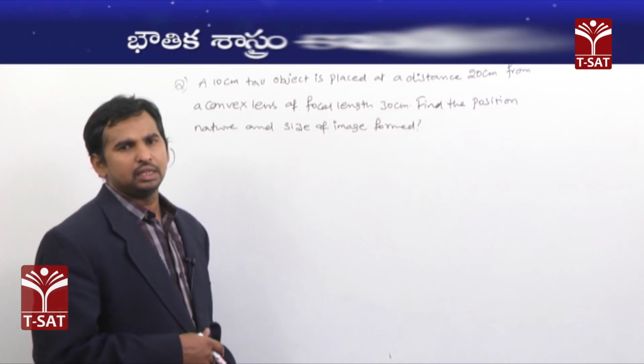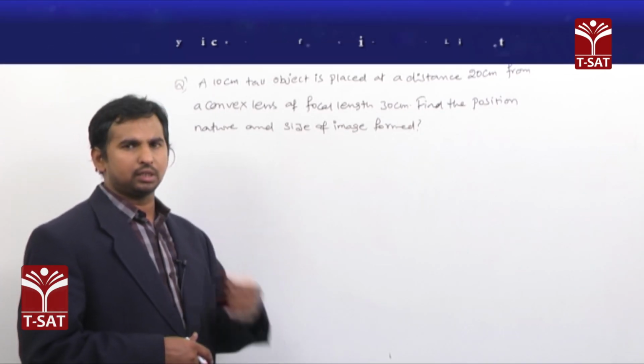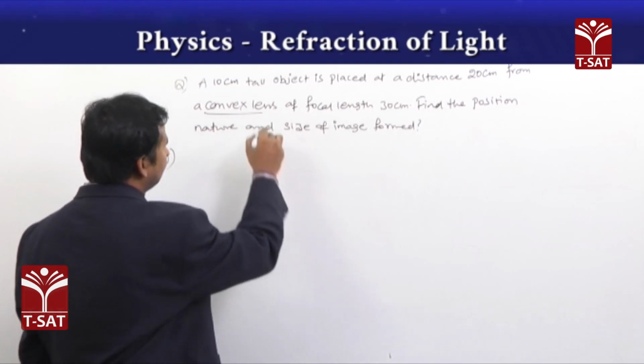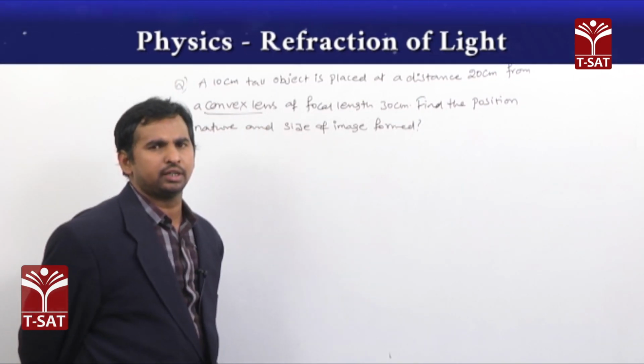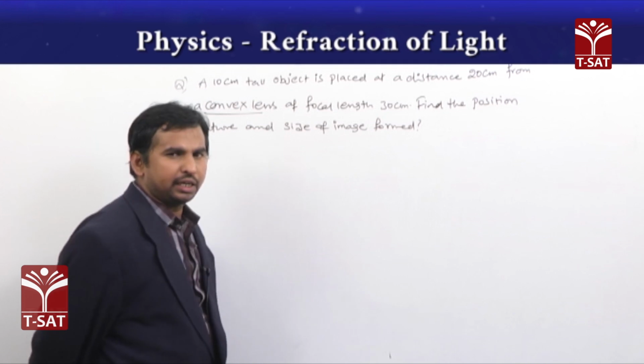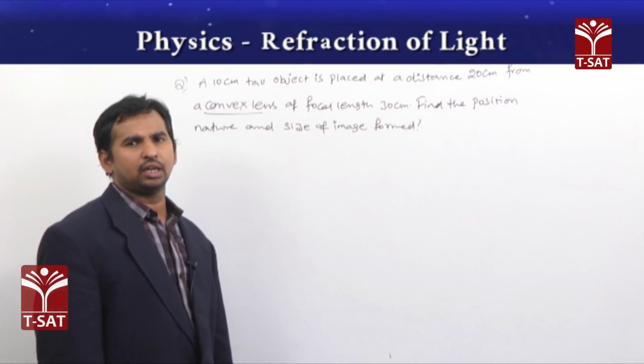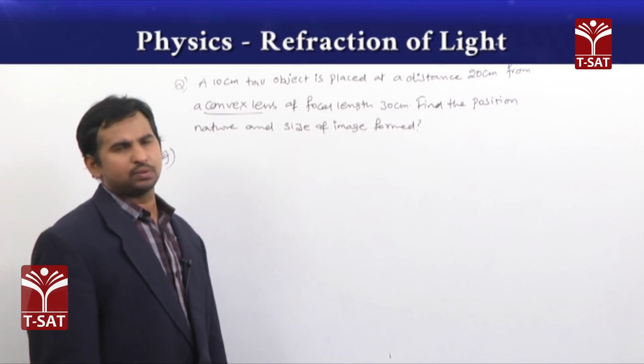So the object is placed between focus and optic center, using a convex lens. This is the sixth special ray diagram, where we get a virtual and erect image, and also an enlarged or magnified image.